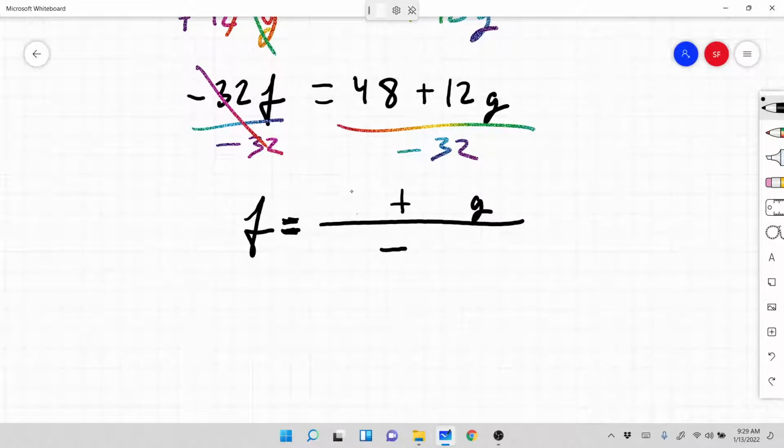How about 12 plus 3G over negative 8? How did I do that? I did some reducing. You divide everything by 4. I divided everything by 4. That's right. Just to make my life easier later.